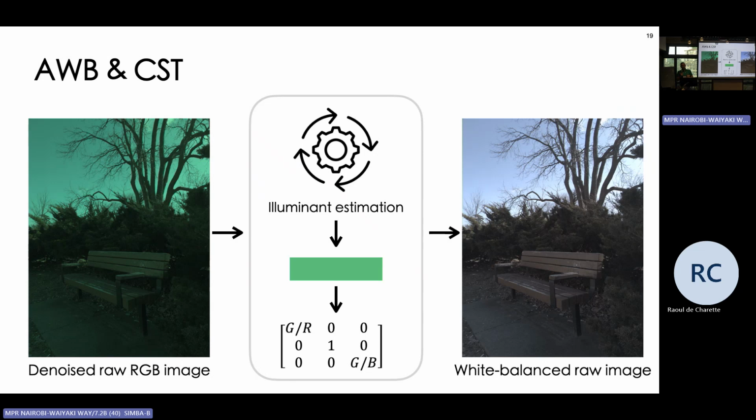We try to predict a single RGB vector that represents the illuminant color in the current scene. That has an assumption that we have a single light source, because our goal is trying to remove the bias of the light source color. So we just predict a single global vector, just three numbers. Once we have that, we apply a linear diagonal correction matrix.